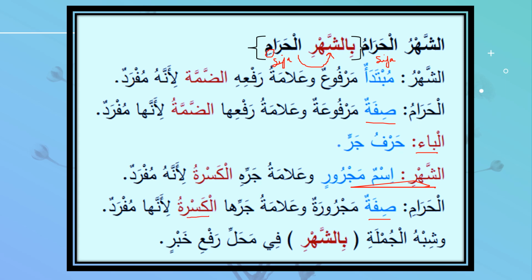So you need to give that there is a kasra or a dhamma, and all of them are mufrad. And now an extra i'rab for the shibh jumla: bish shahri fi mahall raf khabar. This is an important i'rab for shibh jumla. The shibh jumla is bish shahri, and whatever noun follows shahri is a sifa. So you need not say al haram, but just bish shahri is your shibh jumla.